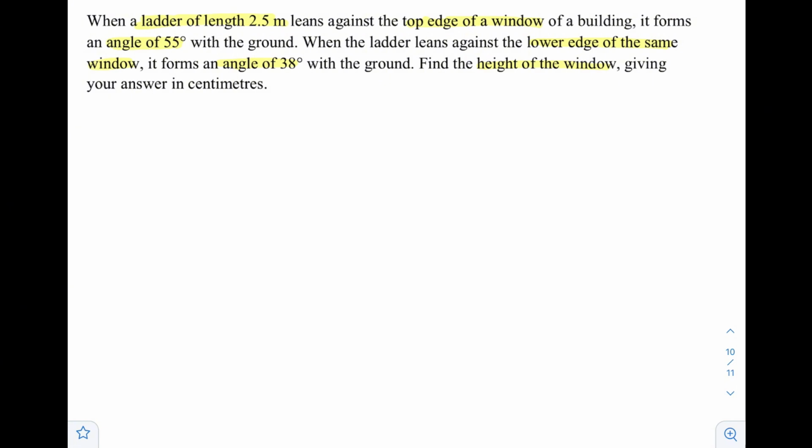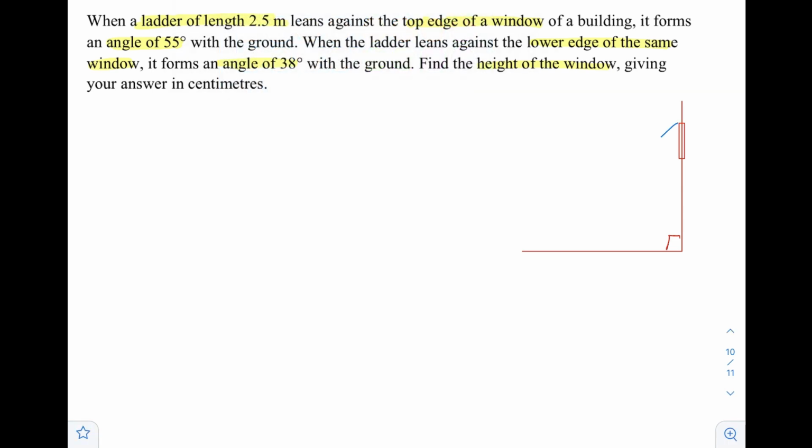So for this question, we can start by drawing a diagram. Let's imagine I have this building, and in this building I would have my window. I will of course also have the horizontal ground, which would be perpendicular to my building.